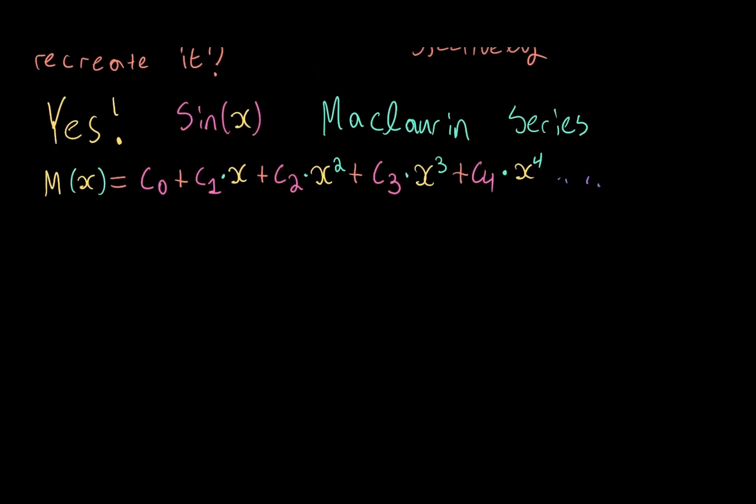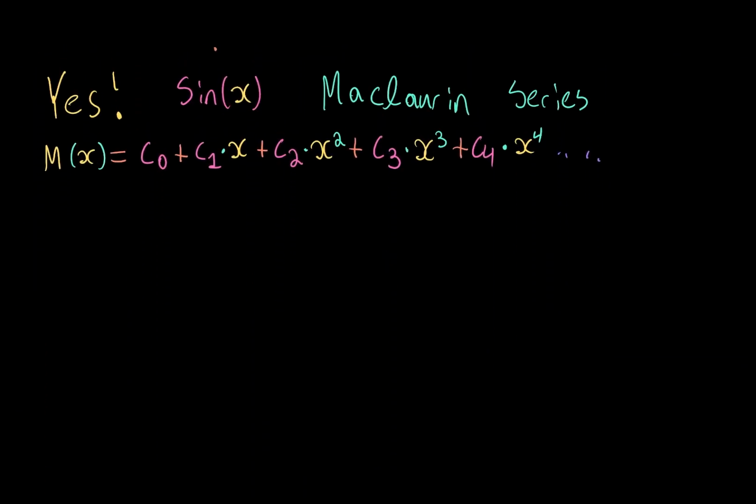So let's represent one of our ideas of characteristics of polynomials. If we were to take M of 0, we'll use yellow because now x is equal to 0.